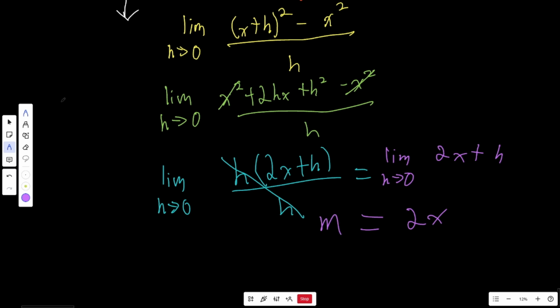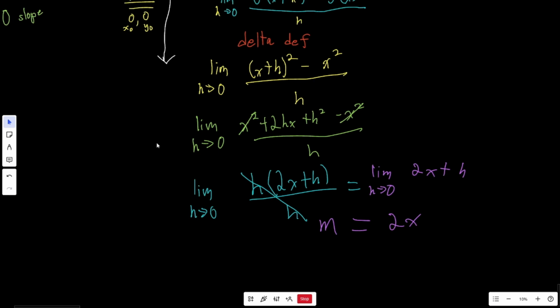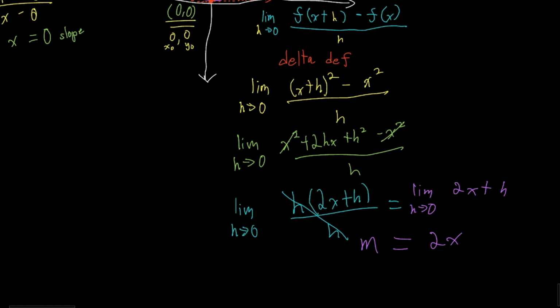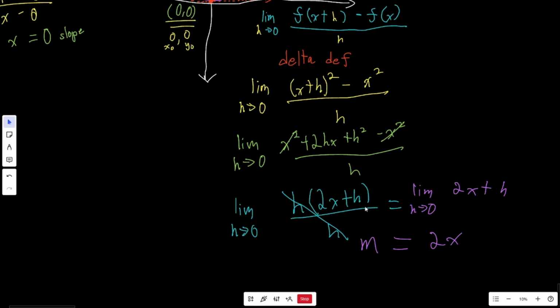Now, if we want to find the slope using this equation for the slope, we just have to plug in an x value. Now, we were interested with the slope at the origin, so we're just going to plug in 0. And the m at 0 would be 2 times 0, which is in fact 0.